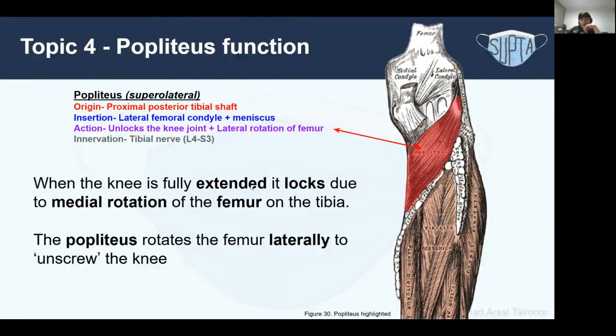As it does that, it immediately rotates the femur on the tibia, so it's like a screw. If you think of a screw, it locks in place, but the popliteus undoes that mechanism by laterally rotating the femur, unscrewing the knee.